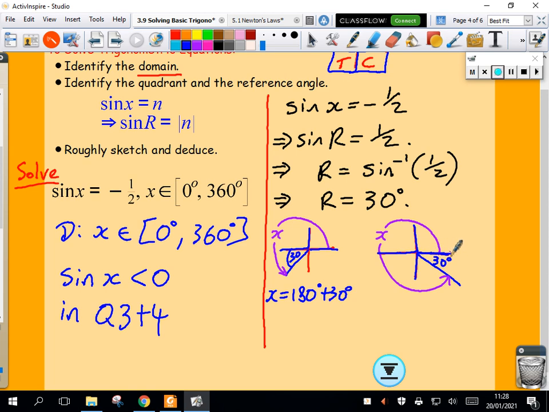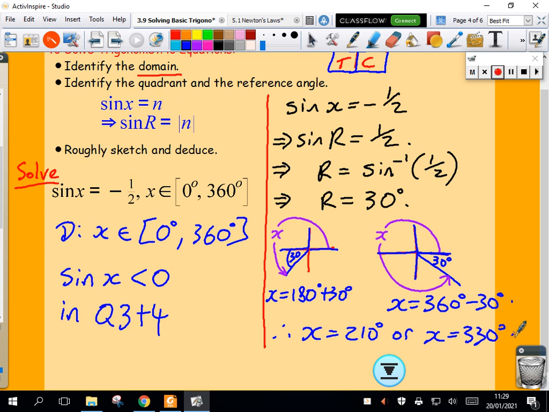Around here will be 360, but we're going 30 degrees less than 360, so hopefully you can see that x in here will be 360 degrees minus 30 degrees. So therefore, x can be one or two things, okay? It's either 210 degrees or 330 degrees. And they're the two angles.